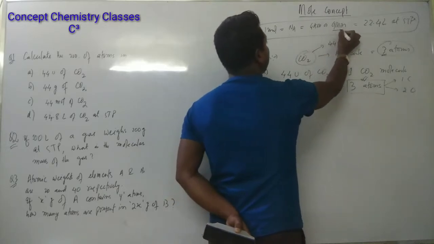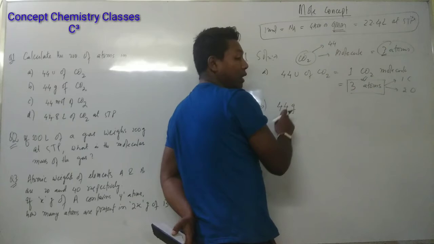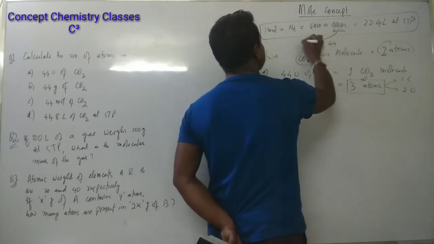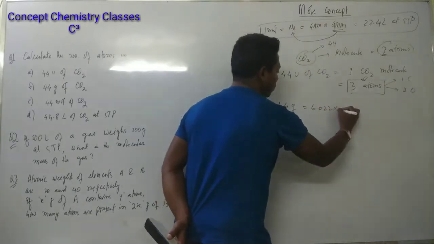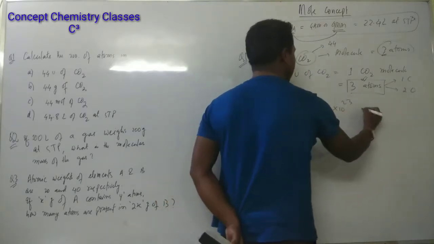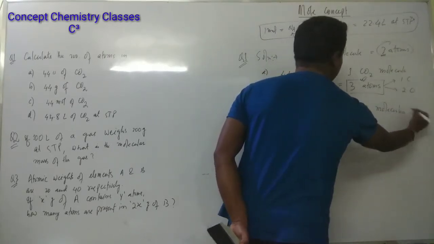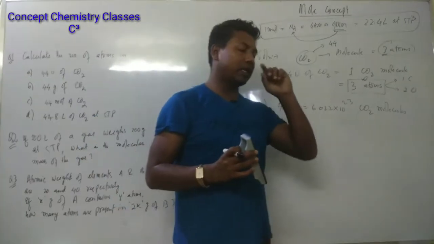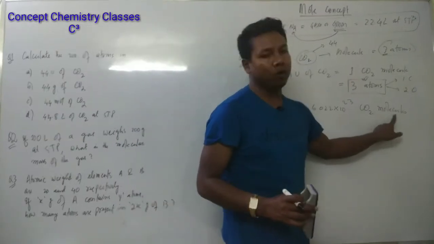Now 44 gram is the gram molecular mass of carbon dioxide, which contains how many particles? 6.022 × 10^23 carbon dioxide molecules. Again, we need to calculate the number of atoms present in 44 gram of carbon dioxide, not the number of molecules.